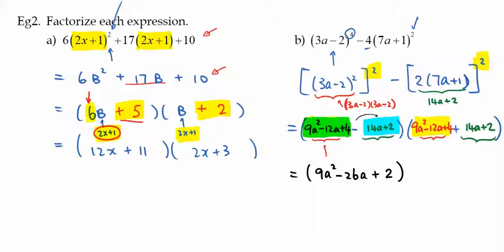And that's how you end up with the 3 terms at the end. 9a squared will still be 9a squared. Negative 12a minus 14a will give us negative 26a. And finally, plus 4 minus the positive 2 turns into 4 minus 2, or positive 2 at the end. That's the first bracket.